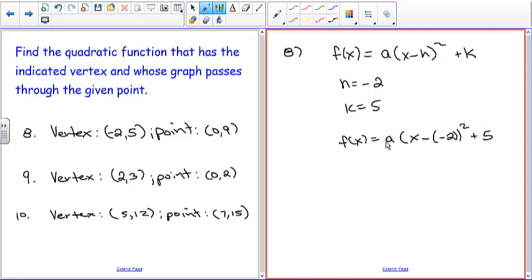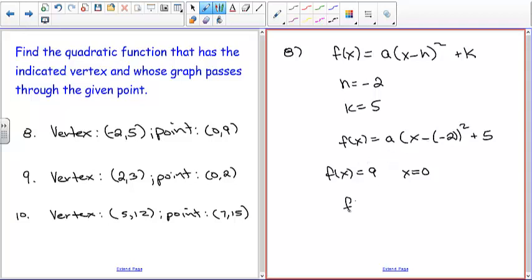We need to figure out what a is. f of x is 5 and x is negative 2, but those are defined by the vertex, which I wrote down wrong, so that's not going to help us. So we use this other point: x is 0, f of x is 9. Plug that in.